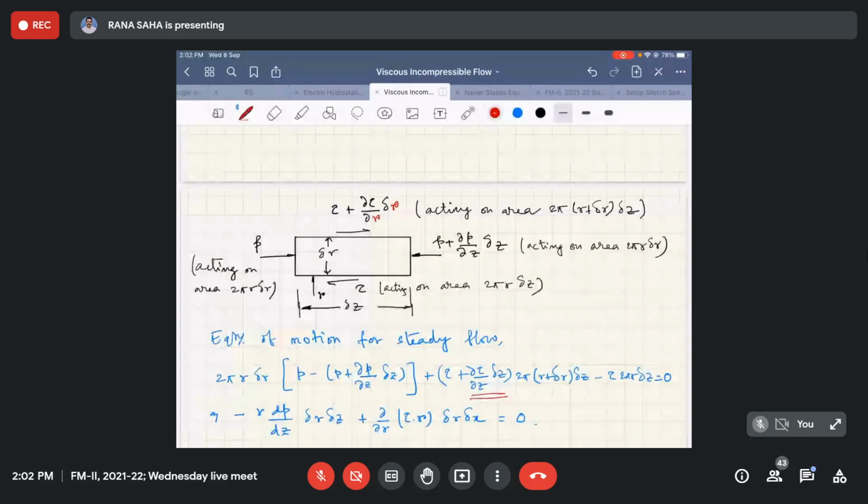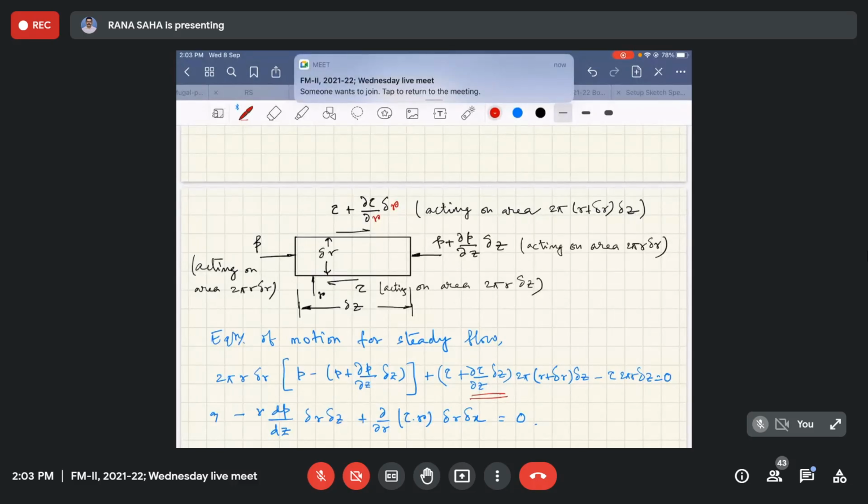And I think potential flow we need more than a week's time, because content wise it is more than viscous incompressible flow.